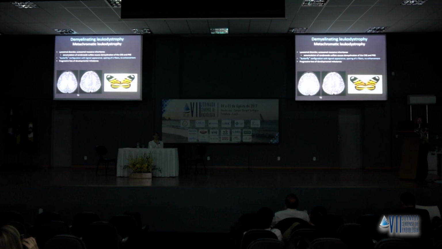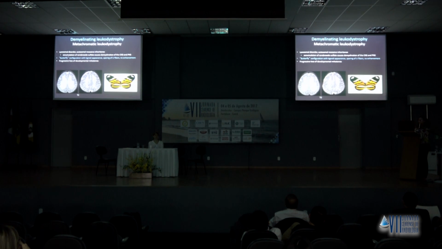The classic MR appearance is going to be a butterfly configuration of the abnormal signal. Notice in these demyelinating leukodystrophies how intense and abnormal the T2 signal is in the white matter versus the hypomyelinating syndromes that I showed you.